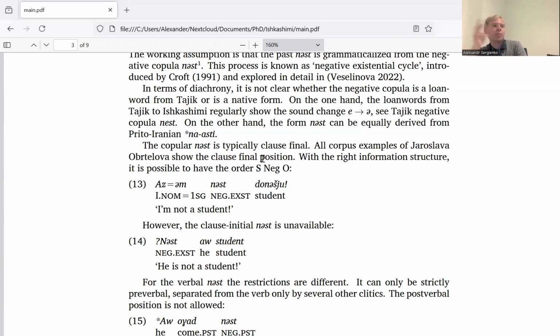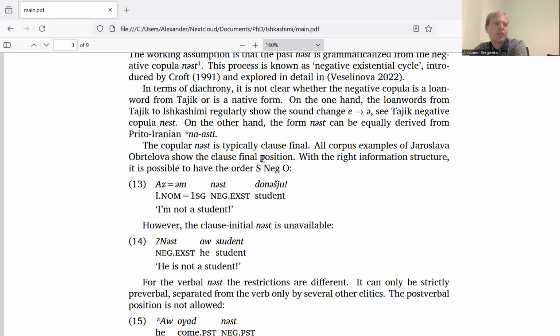Then we have a portmanteau of negation with the copula, forming its own negative copula. It is referred to as stage B of the negative existential cycle. And then it all comes together where the sentential negation gets replaced by the copula negation.